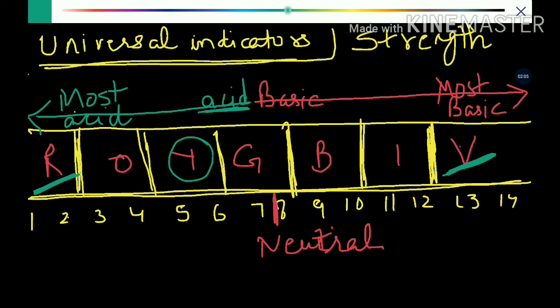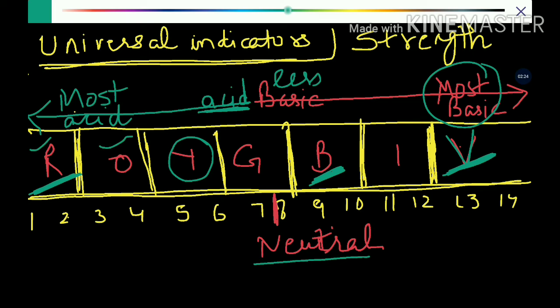If it is giving red color, it is comparatively more acidic. Similarly, if it is showing blue color, it is comparatively less basic, but if it is showing violet color, it is comparatively more basic. So we can compare the strength of acids and bases by looking at the different colors of compounds with universal indicators.